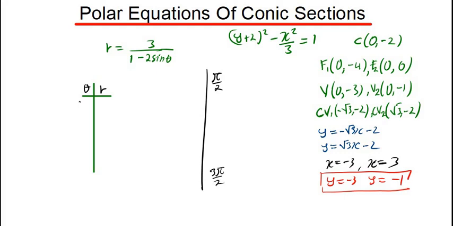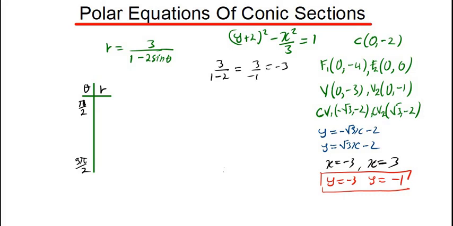Sine 90 is 1, so you have 3 over 1 minus 2, giving you 3 divided by minus 1, which is minus 3. So you get minus 3 here. Now sine 270 is minus 1, so it's 3 divided by 1 minus 2 multiplied by minus 1, which is 3 divided by 3. Then you get 1 there.